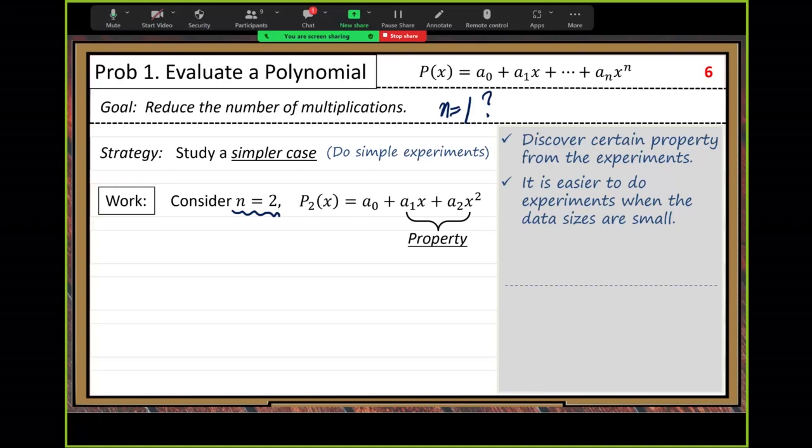Can you see some special property by looking at the last two terms? Any special property? Can you find anything? Just look at the last two terms.